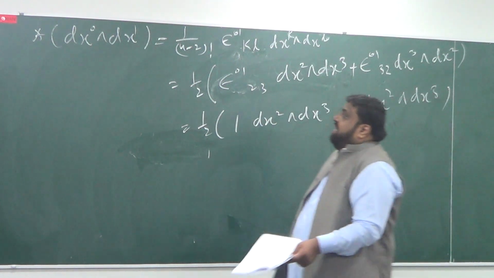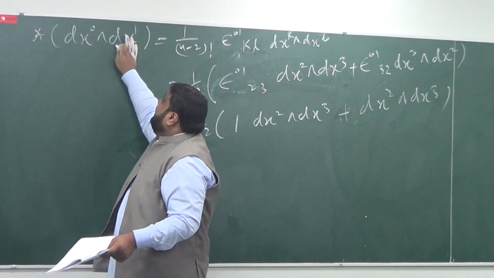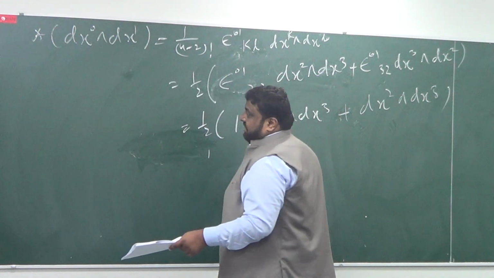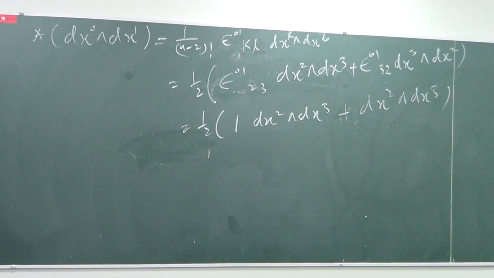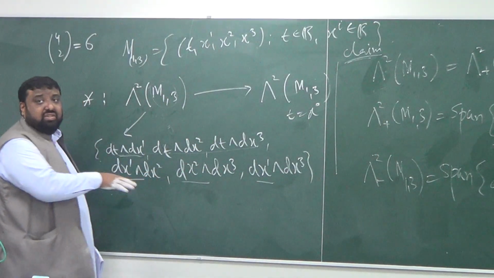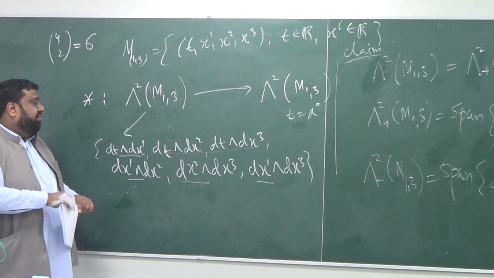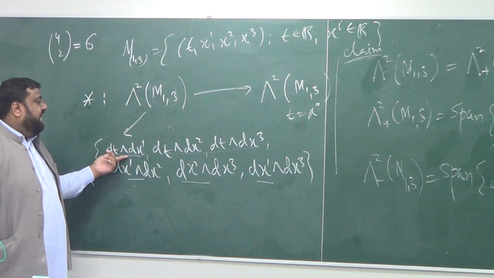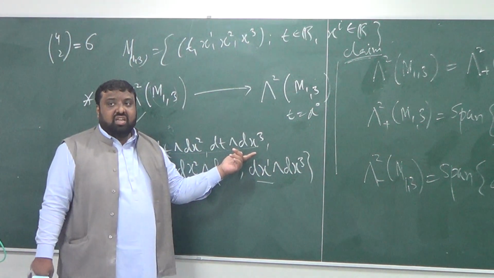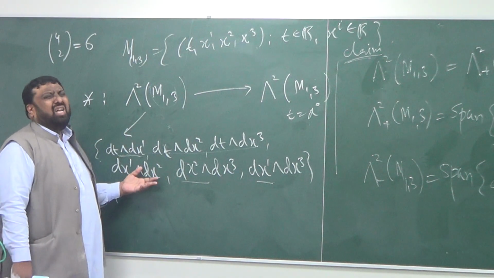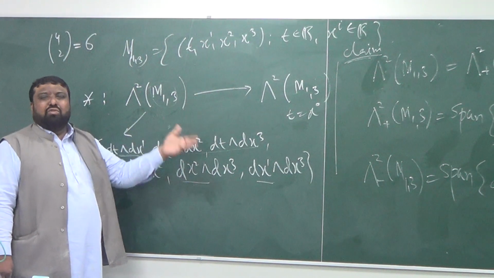And so what this shows is that the star is mapping this wedge product onto dx2 dx3. As I claimed, each of these vectors would be mapped onto one of the vectors here. So if I take a vector from the subspace that is spanned by these vectors, it would be mapped onto, not a vector, but it is better to call it a 2 form.